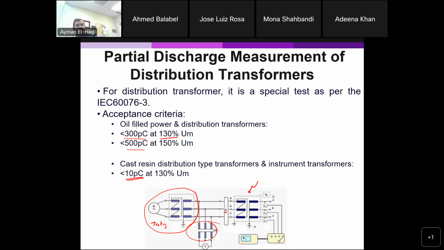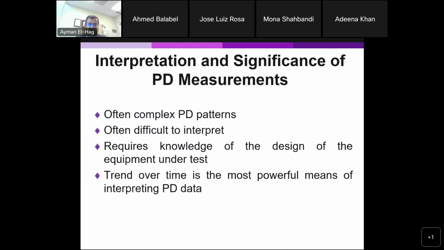When you have this type of partial discharge in an oil-filled transformer, as I said, when the bubbles disappear, the partial discharge will disappear. But for a cast resin or epoxy type of transformer, if you have a partial discharge inside the insulation, it will start to eat the insulation system with time until you have a complete failure. This is why the tolerance for a dry type transformer is much less than for an oil-filled transformer.